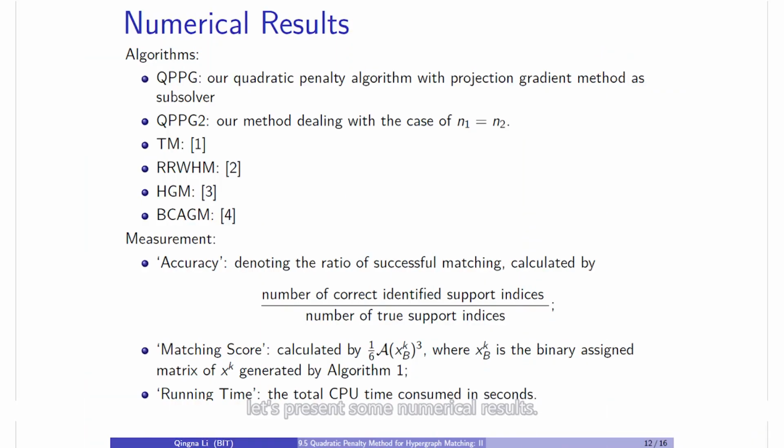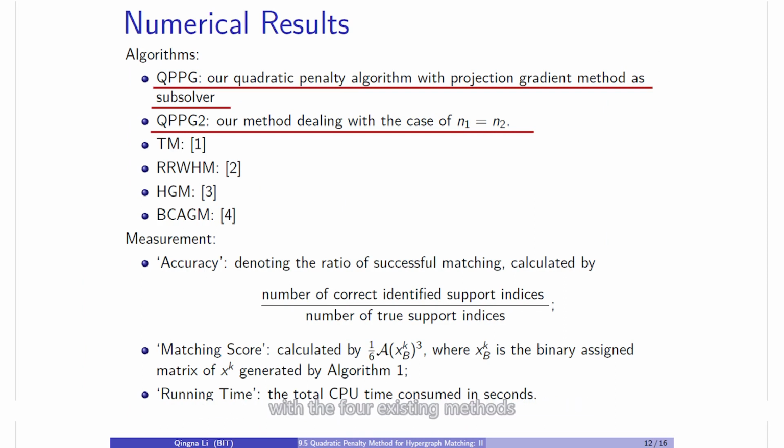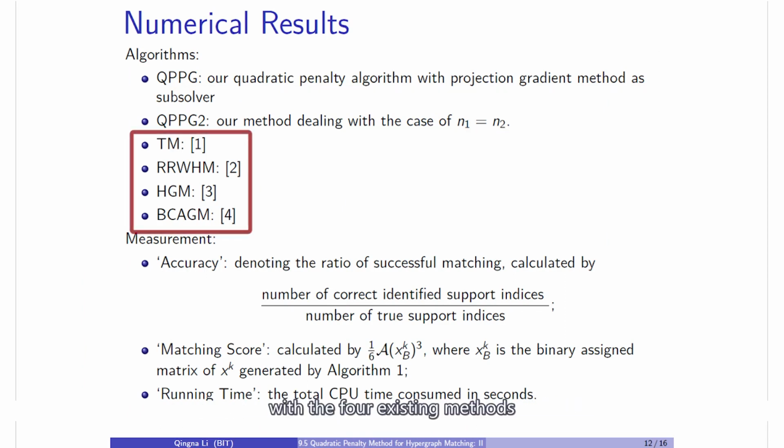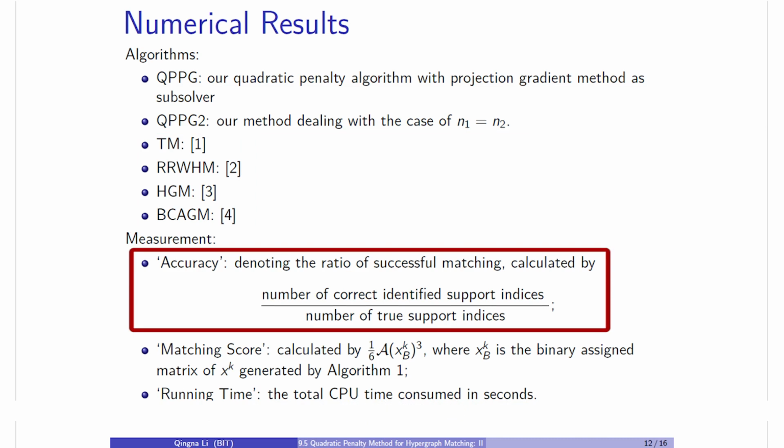Now, finally, let's present some numerical results. Here we compare our methods QPPG and QPPG2 with the four existing methods. And we use three measurements. The first one is accuracy, which means how many correct graph matchings we can get over all the matching pairs.